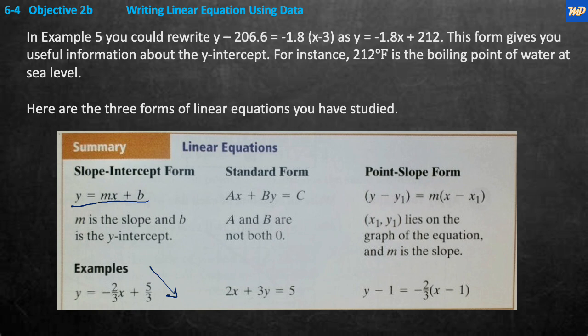And m is the slope. So we have y minus 1 is equal to minus 2/3 times x minus 1. What is the point we're dealing with here? It's 1 comma 1. That's the point we're using. Okay? This was fun.